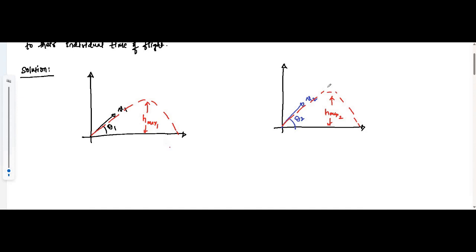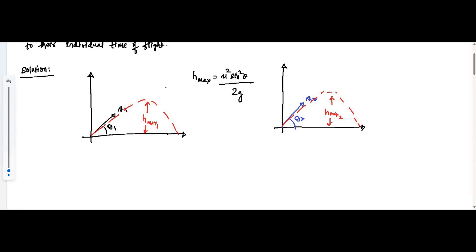So here the formula of maximum height becomes very crucial to solve this whole thing. Maximum height is equal to u square sine square theta by 2g. This is the formula.